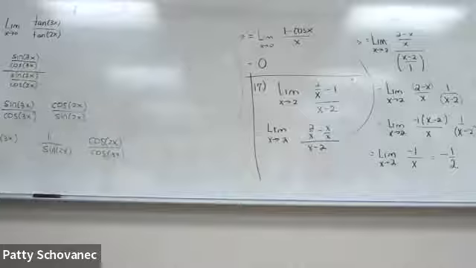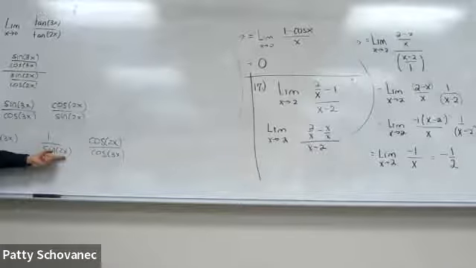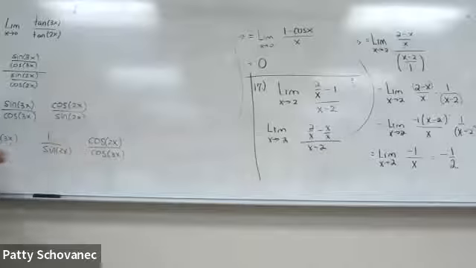Now, if I had a 3x underneath here, or at least an x, I can use my special limit here. And if I had an x under here, I can use my special limit there. And that one's just going to have a limit of whatever happens when x goes to 0. So I'm going to put where I need it. I'm going to put an x here, but then I need to take it out here so that I'm multiplying by 1.